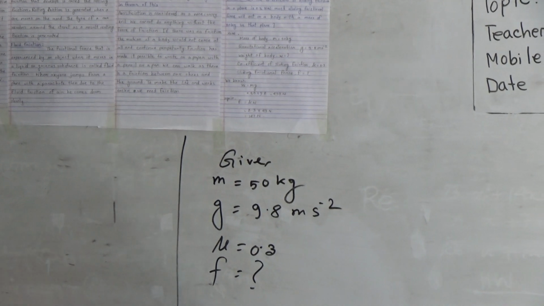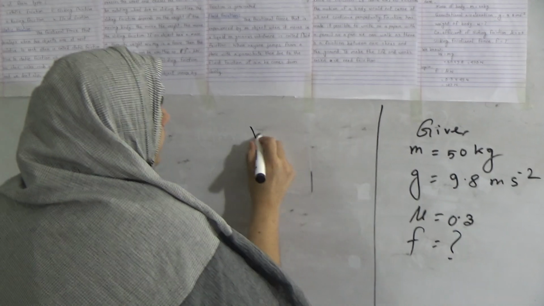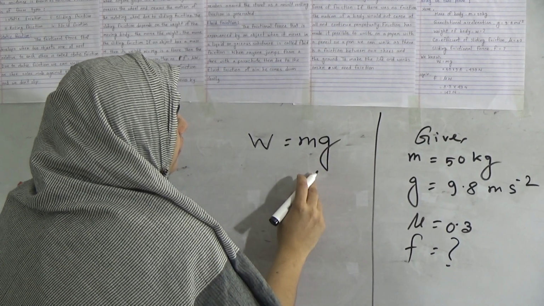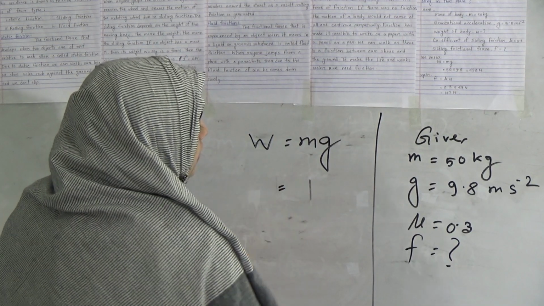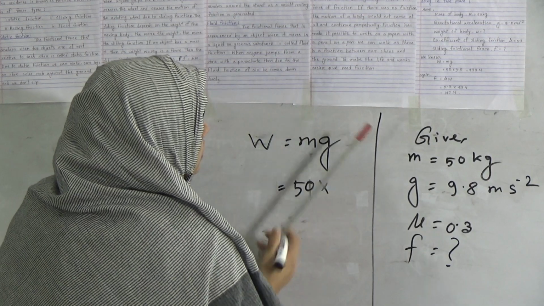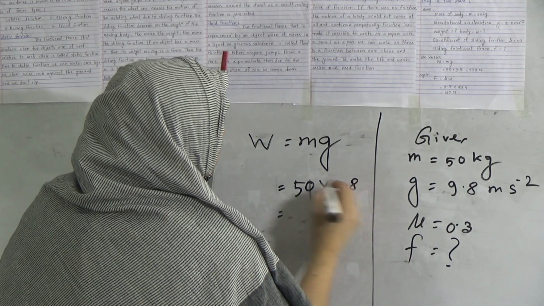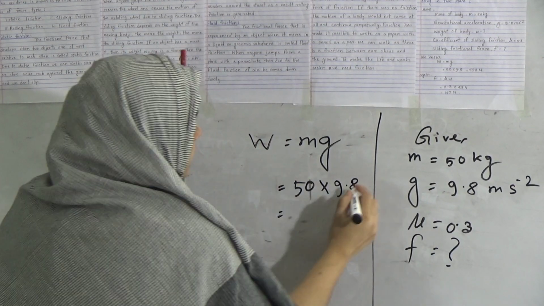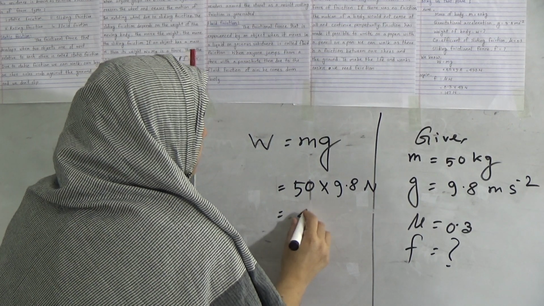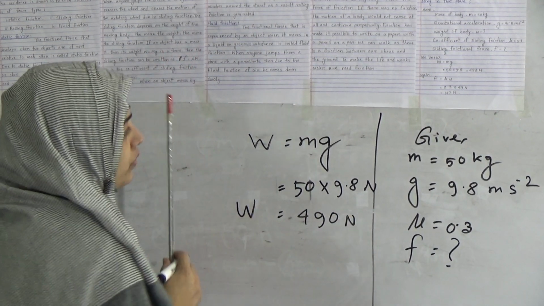We know the formula of weight is W equals mg. Here m is 50 kg into g, 9.8 meter per second square. The unit of weight is Newton. So 50 into 9.8 means 490 Newton. This is the weight of the body.